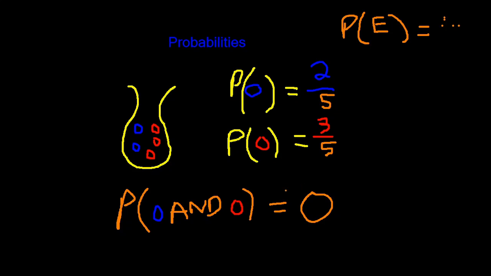And that's essentially the situation we have in mutually exclusive events. These events are mutually exclusive. They can happen on their own, but they can't happen together.